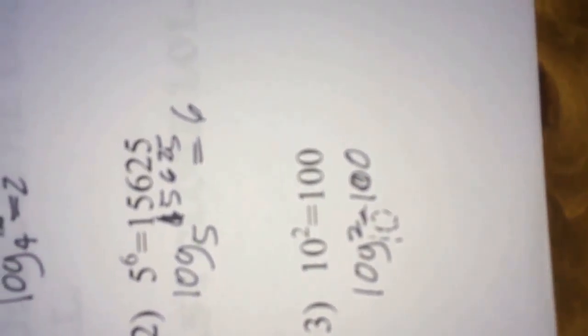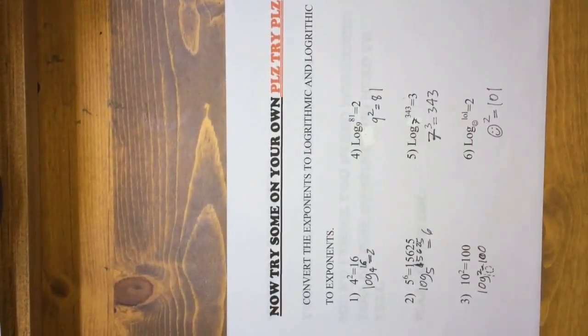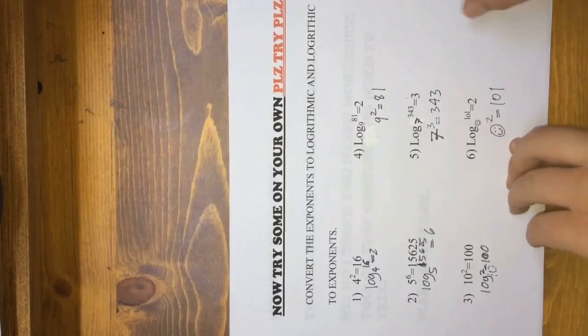Normally when you see log and then, for example, 2 and then 100, you should assume that there's a 10 there. And for this one, it was just an example for showing you that you're just rearranging things. May see those later on.